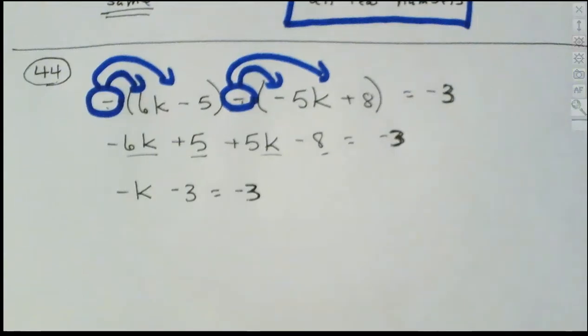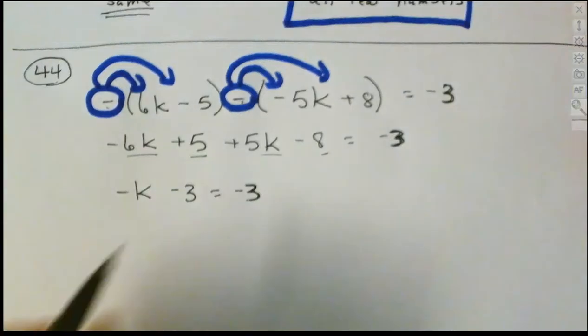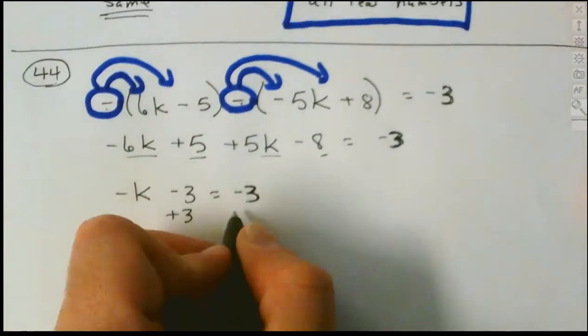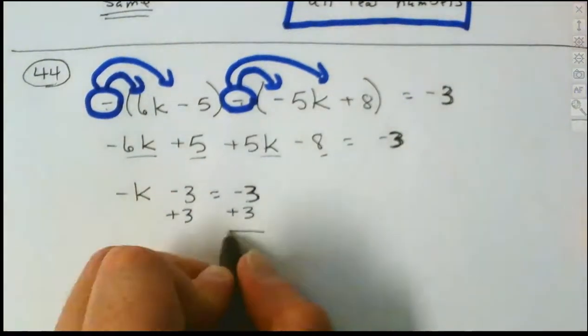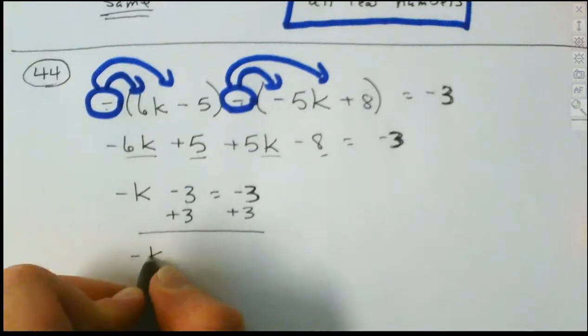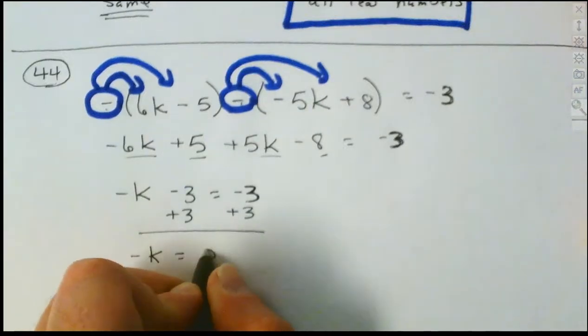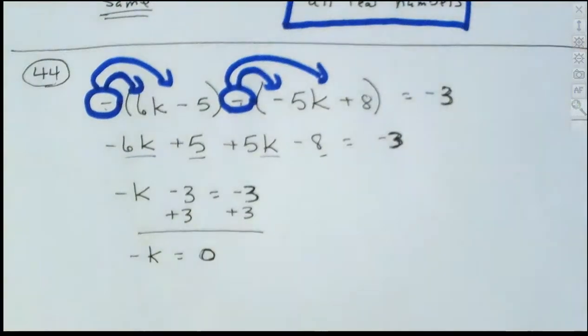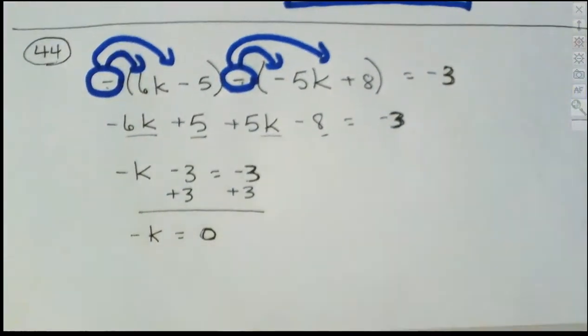So how do we get rid of that negative 3 on the left? It is a negative 3. So to get rid of it, we use a positive 3. That is then going to make it a 0. Now we need to finish it. Can I have a negative in front of that k?